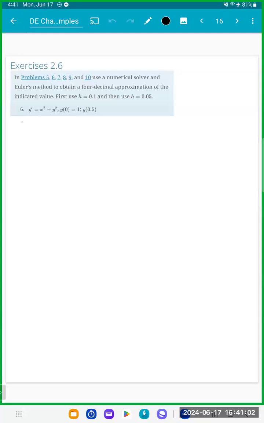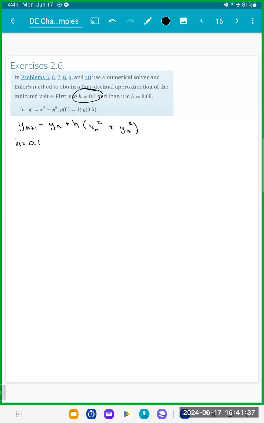So first, Euler's method states that we have y sub n plus 1 is equal to y sub n plus h times x sub n squared plus y sub n squared for this problem, right? Because that is our problem, x squared plus y squared. And we were given in this problem that h is equal to 0.1 initially.